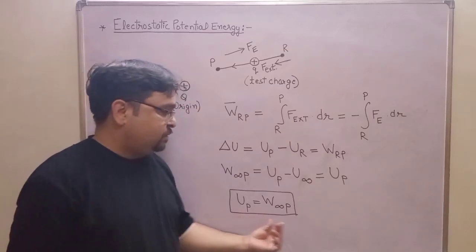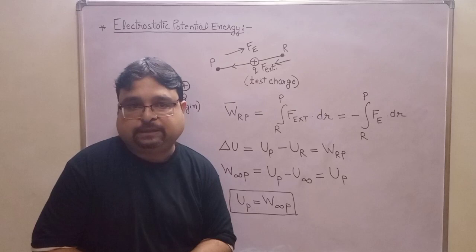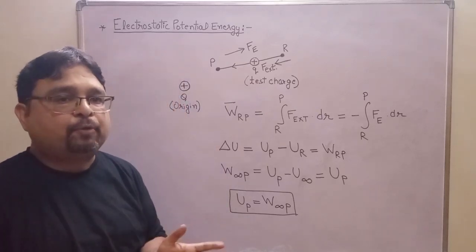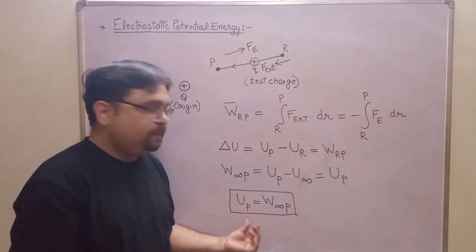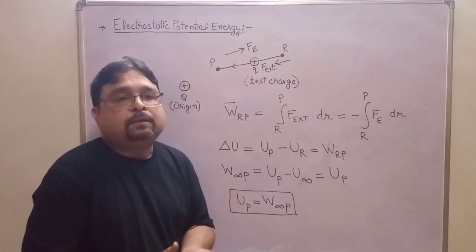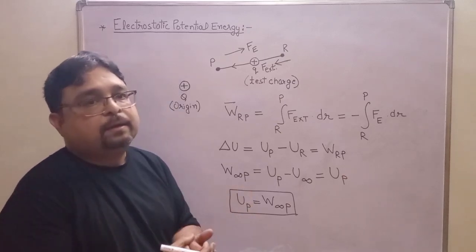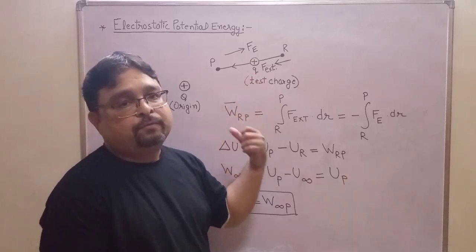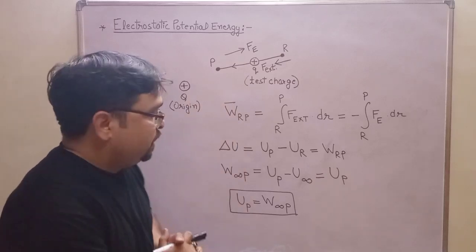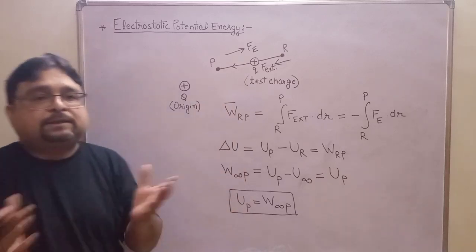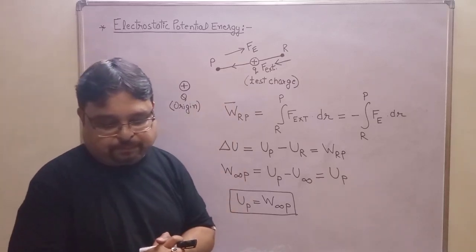So we can define the electrostatic potential energy at point P, at any point P. Electrostatic potential energy at any point P is actually the work done in moving a test charge from infinity to that point P. Now we will see what is electrostatic potential.